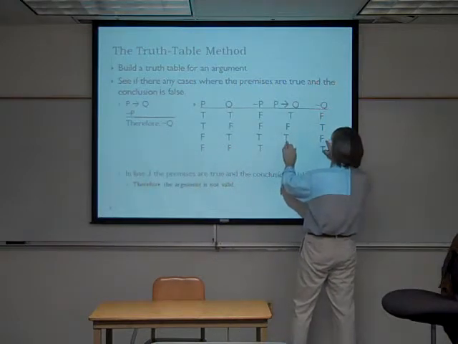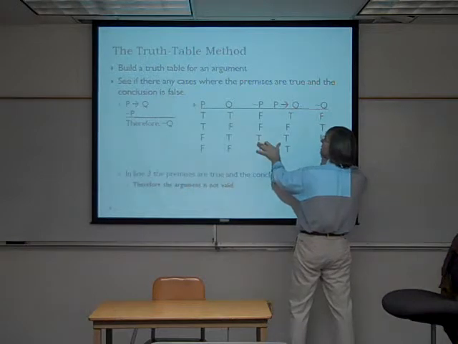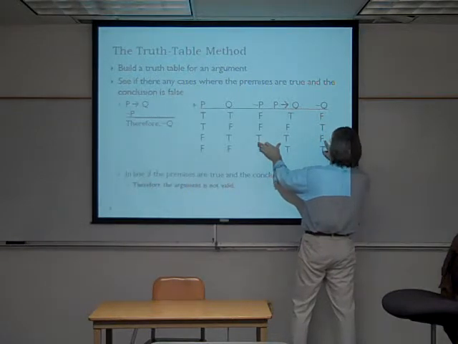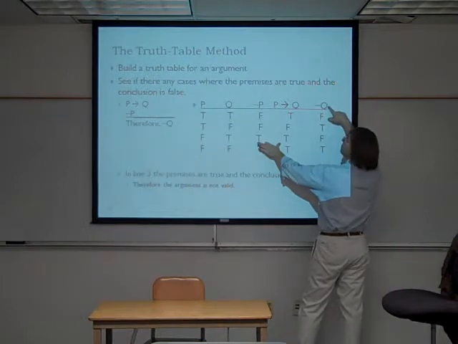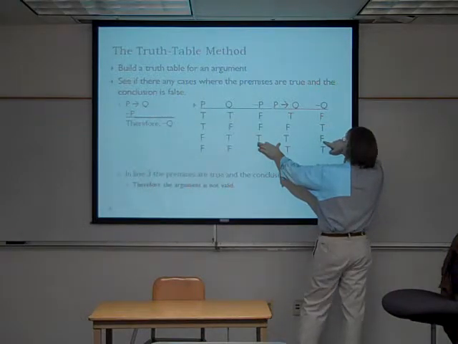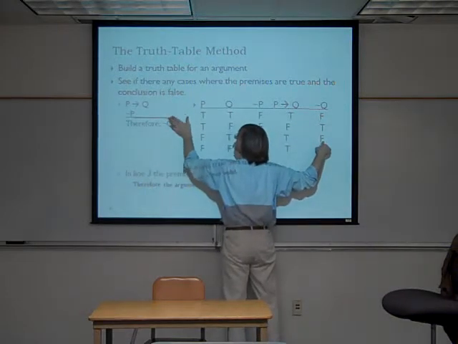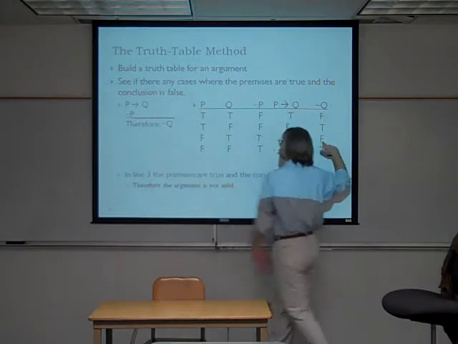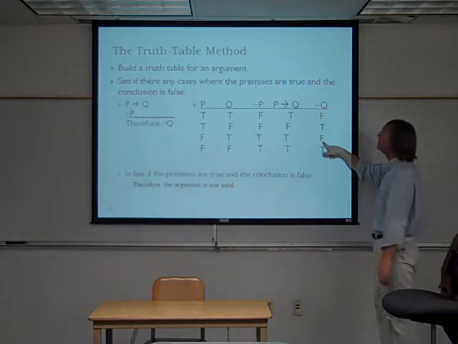P implies Q is true, and not P is true. And we find that not Q is false. So in this line, the premises are true, and this is false. Consequently, we have to conclude that the argument is not valid.